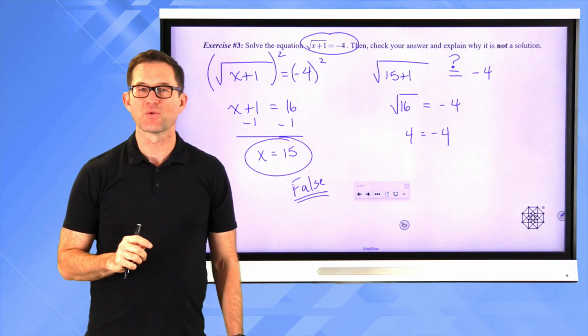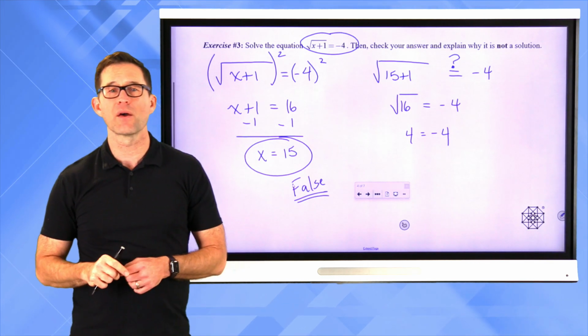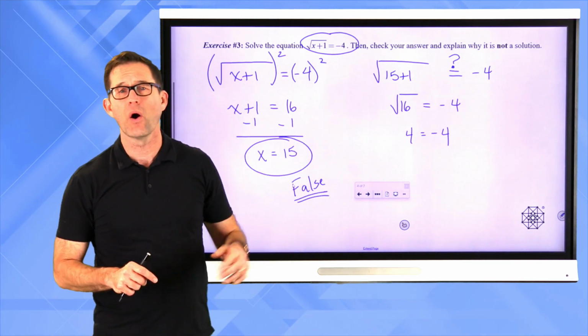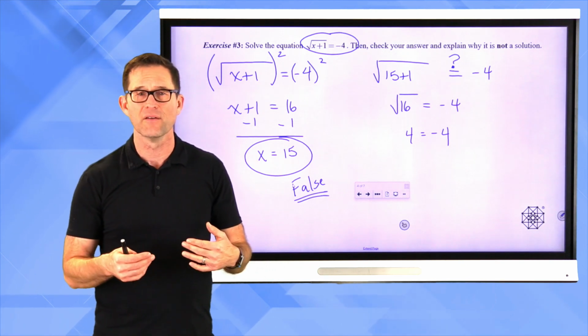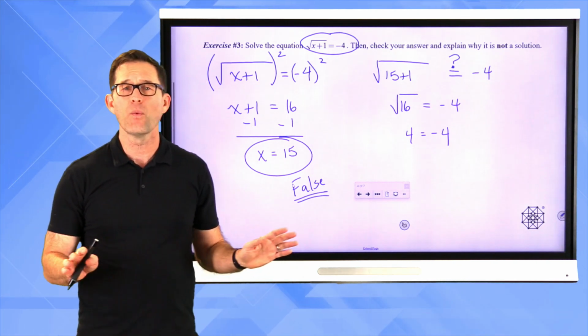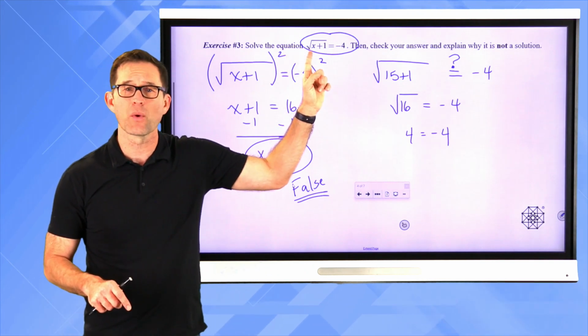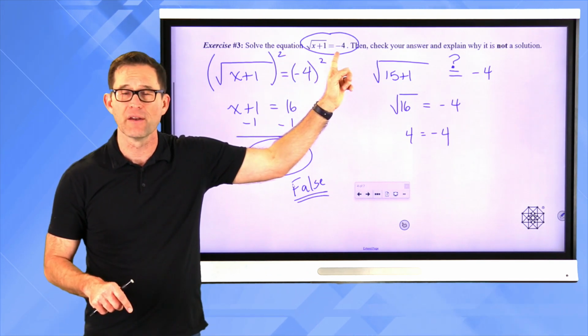It's not the negative square root of 16, and that's where students can, of course, get confused. But again, if square roots were always both a positive and a negative, our life would get way, way harder, right? In this case, it's basically saying the positive square root of x plus 1 is equal to -4.